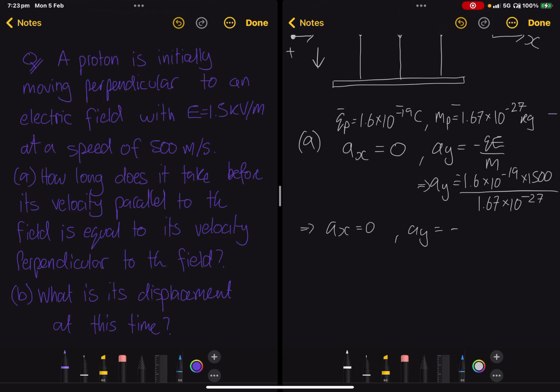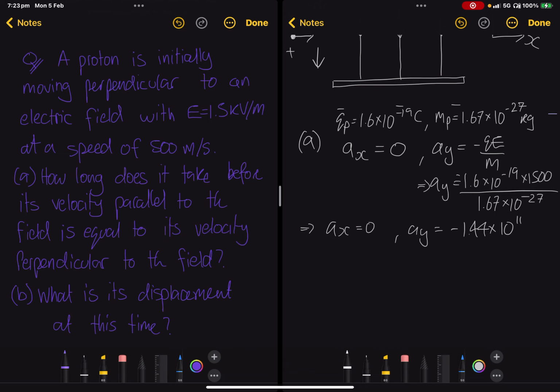So I get 1.4371 times 10 to the 11. So we're going to make this minus 1.44 times 10 to the 11. Just a tremendously large acceleration.